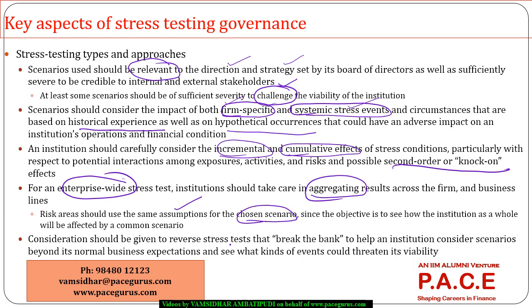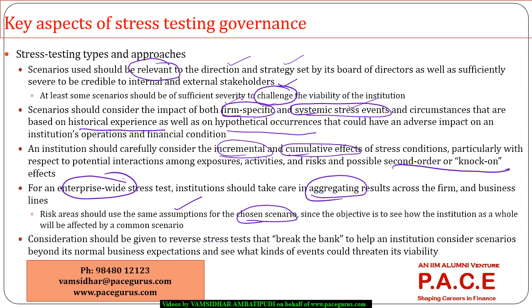Otherwise, because of the change in the assumptions, the results might be different and the interpretations may go different. But if I am using the same consistent assumption for all the areas, it even improves the overall consistency across all the departments.